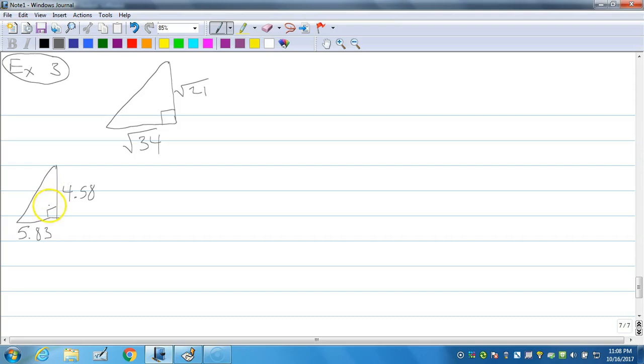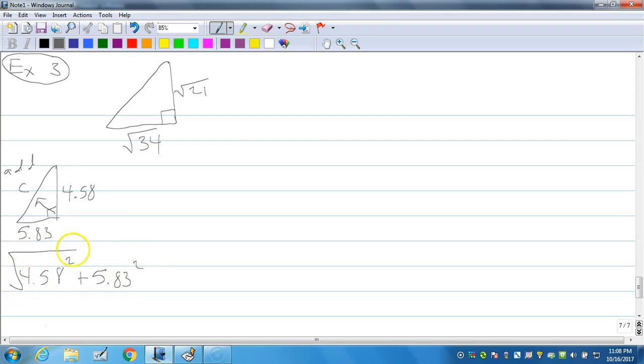Then we do the exact same thing we did on the other Pythagorean theorem. Do you have the C? No. If you don't have the C, then you add. So 4.58 squared plus 5.83 squared.